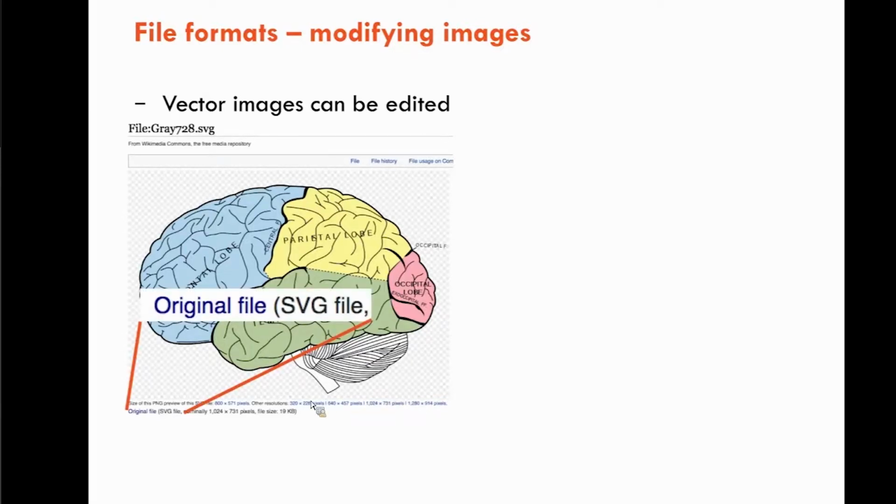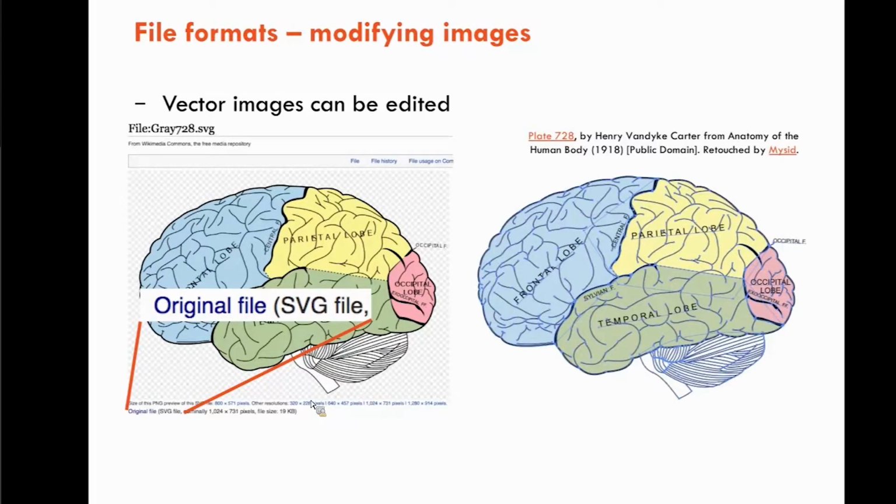There we go. This one is an SVG file. So that means it's in a vector format. We can probably edit it using vector software. So when we load it up in Adobe Illustrator here, you can see that all of that stuff is highlighted. When I clicked on it in Illustrator, it's all editable.